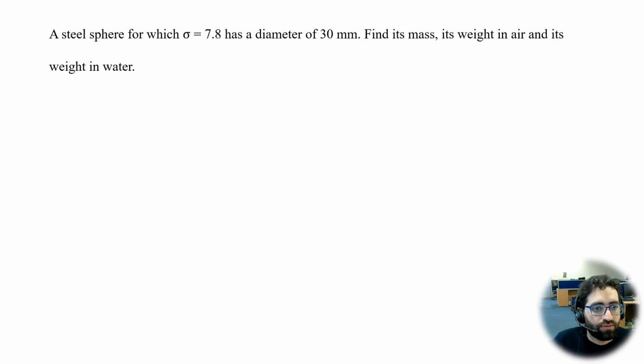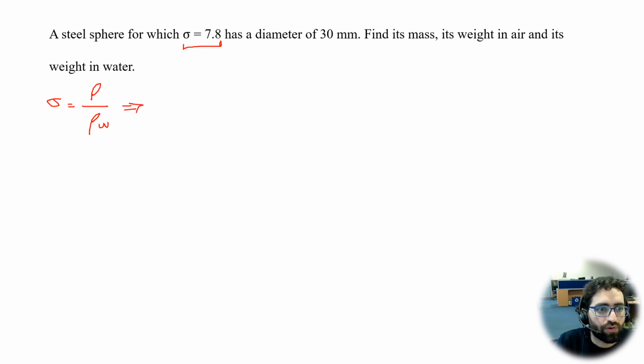So let's go to our question, which is a steel sphere for which the sigma is 7.8, has a diameter of 30 millimeters. We want to find out its mass, its weight in the air, and its weight in the water. So let's consider what the question gives us. We know that the relative density is sigma, which is the density over the density of water.